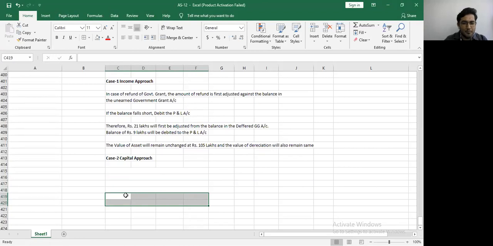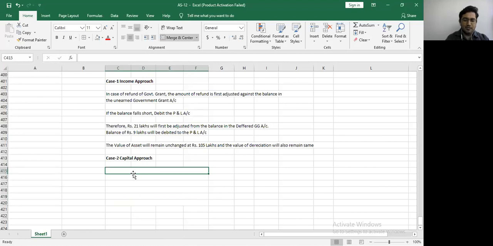What happens in the capital approach? In the capital approach, you add to the cost of the asset. So let's calculate that.